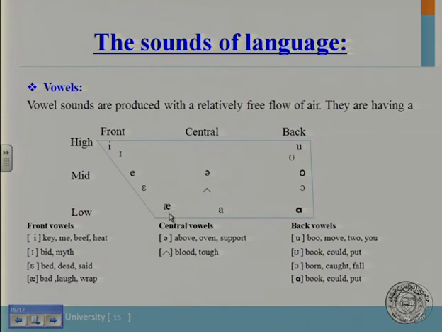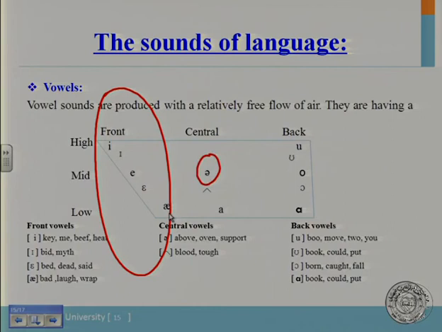Now, the following vowels are called front vowels because they are in the front portion of your mouth. The second group is called central. We have the sound as in above, oven, and the one in support.